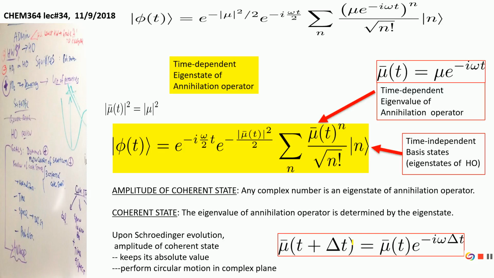So processing of this form, considering this phase accumulation multiplied by the initial value, will give the time-dependent eigenvalue of the annihilation operator that oscillates with time. And in terms of this oscillating eigenvalue of the annihilation operator, one will be able to find observables in short.